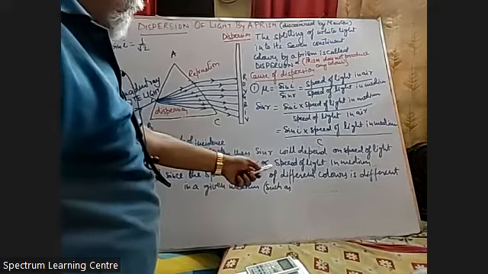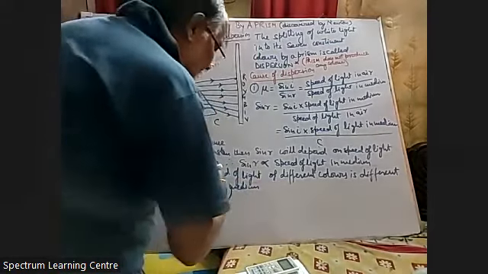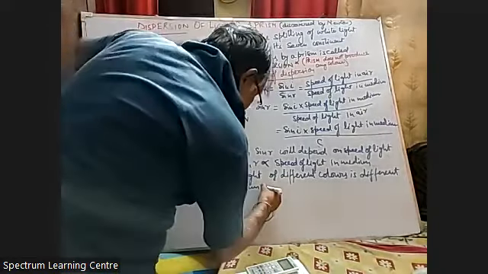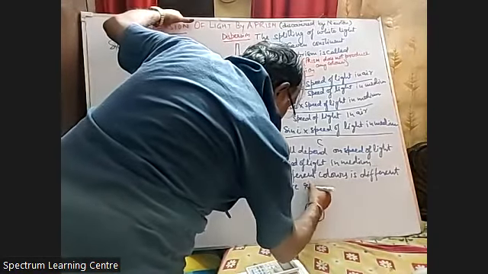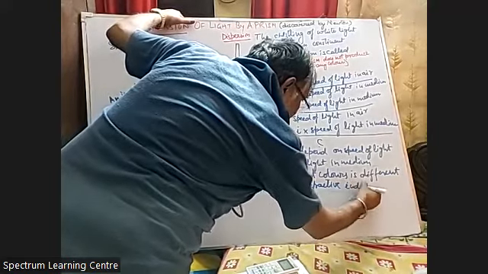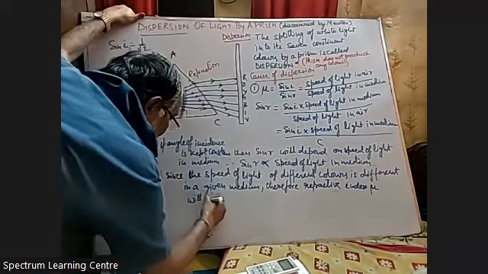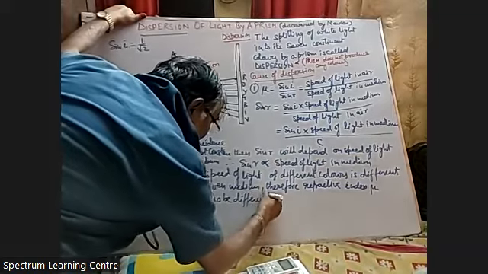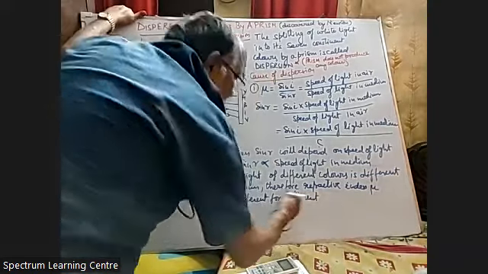Since the speed of light of different color is different in a given medium, therefore refractive index mu will also be different for different colors.